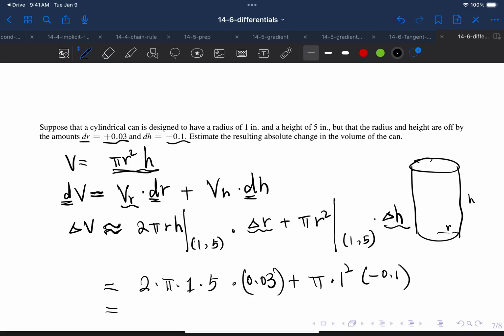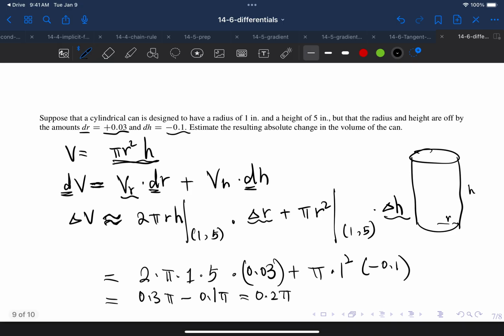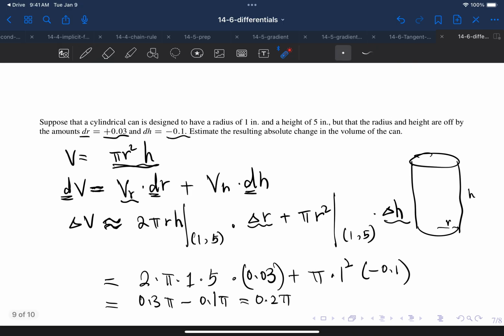So eventually we get 0.3 pi minus 0.1 pi, which is 0.2 pi. The question is absolute change in volume. So in case you get a negative number here, then you should take the absolute value to get the absolute change.